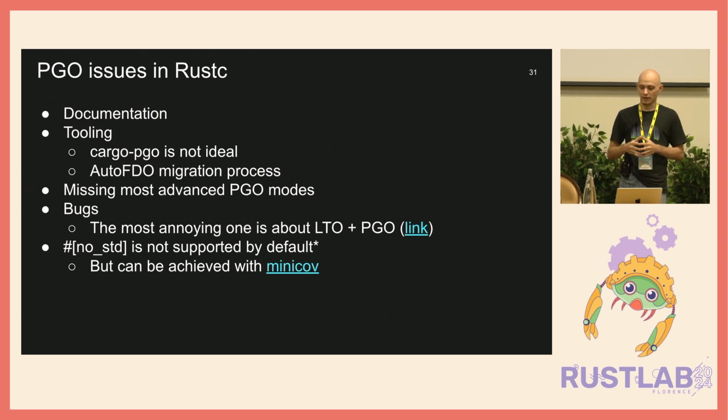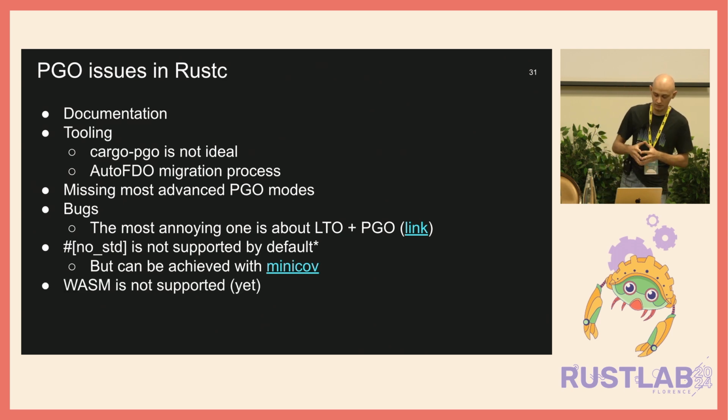And this library doesn't work in the no STD version of your program. If you add the Minicov library into your application and tweak your application a bit, it will work. I didn't test it in practice because I'm not an embedded developer, something like that. But at least I performed some quick tests on my local machine. It worked fine.